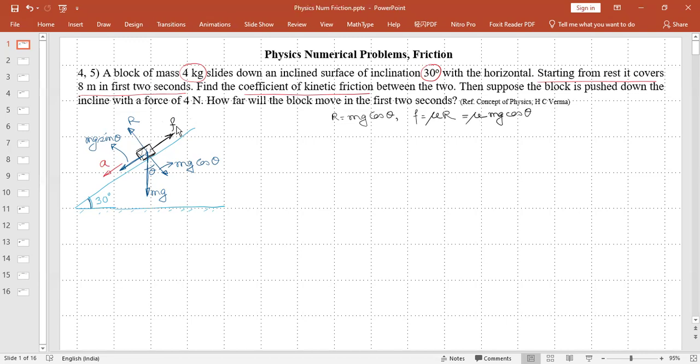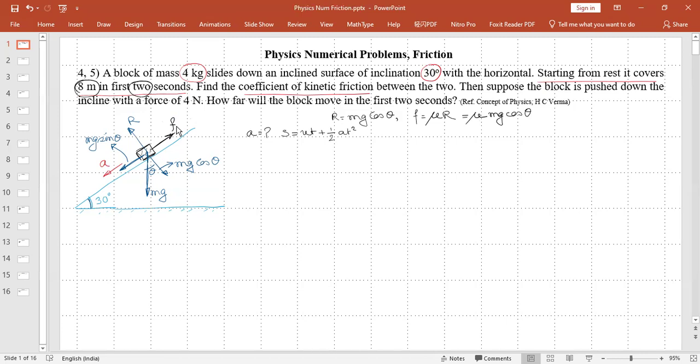Fine. Now let us find the acceleration A. You can easily find it from the kinematic equation, S equal to ut plus half A t square. S is given as 8 meters and time is given as 2 seconds.